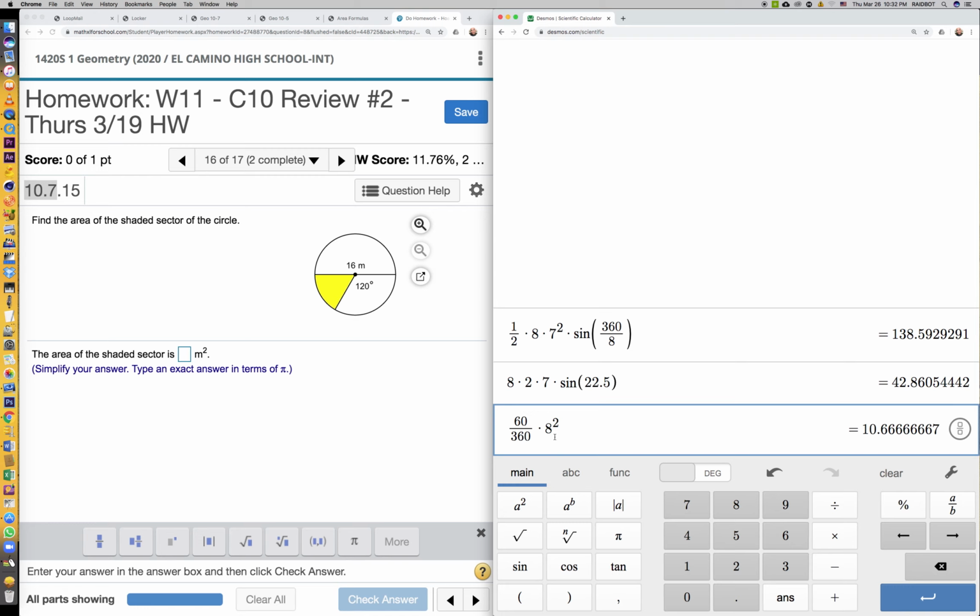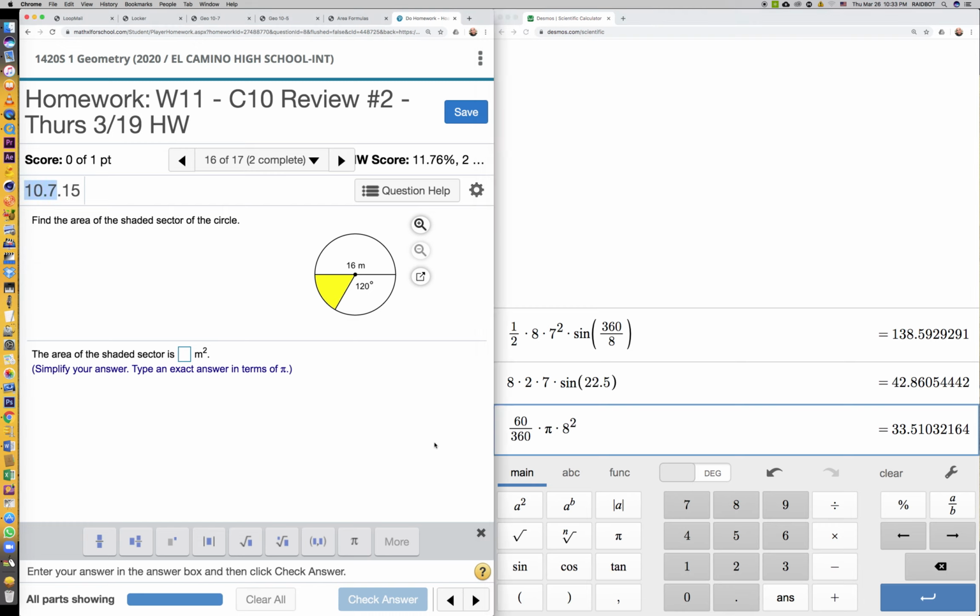I guess I have to simplify. 60 simplifies with 360, so that would be 1 over 6.